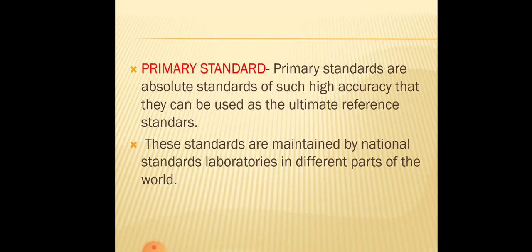If we are measuring in degrees Celsius, then the degree Celsius has a fixed value over the world. Meaning 1 degree Celsius is the same everywhere in the world. So this is about the primary standard, which is fixed everywhere, in any laboratory. If you measure a particular temperature, it will be the same in each and every laboratory.